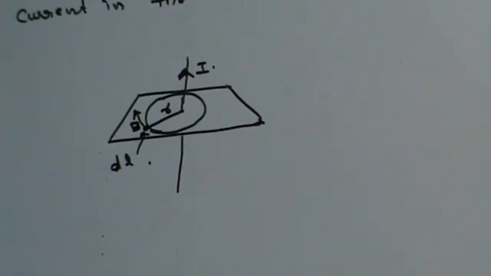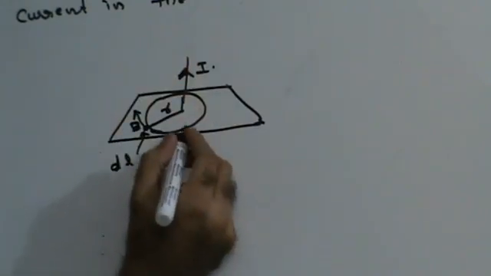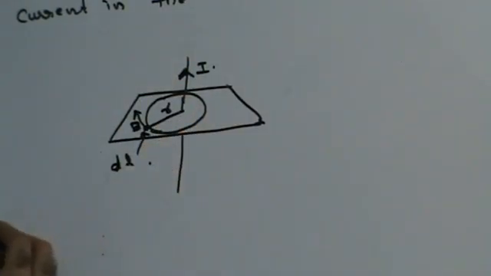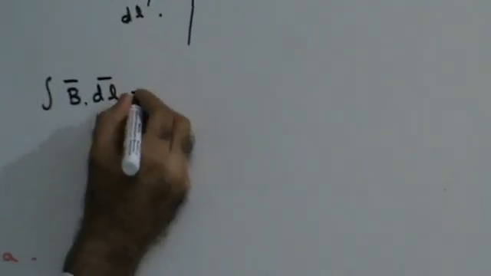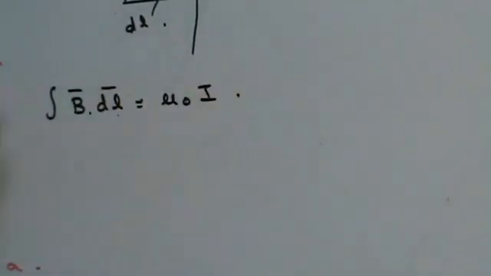Now, Ampere's law says that if you have a current carrying conductor, then the integral of magnetic induction for any given small element is equal to mu 0 times current. That is Ampere's law.